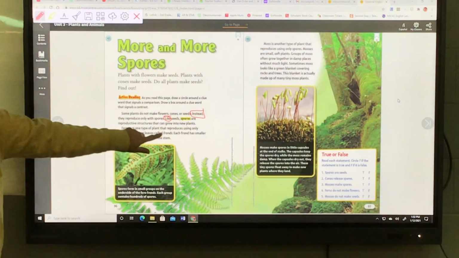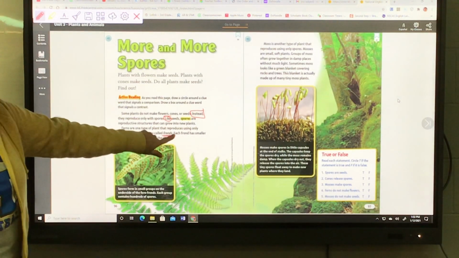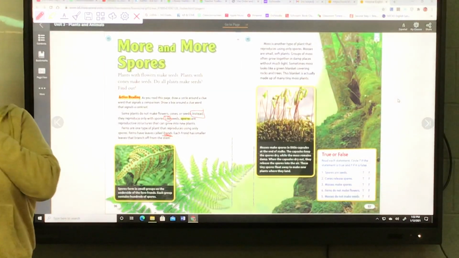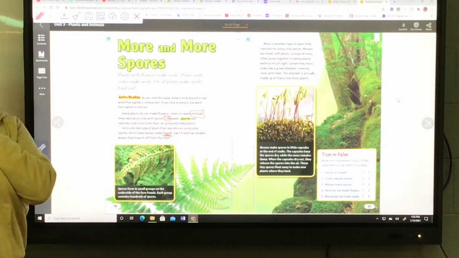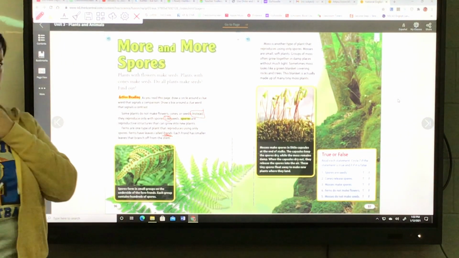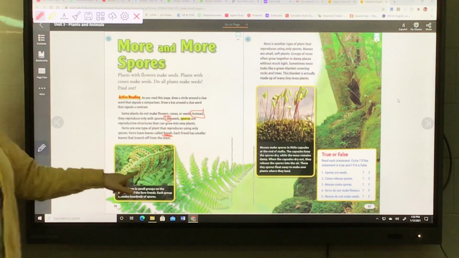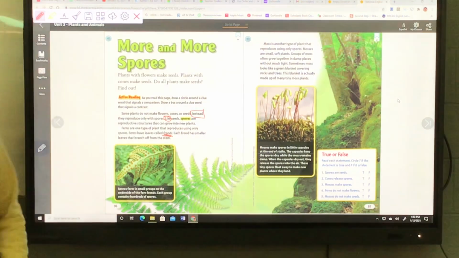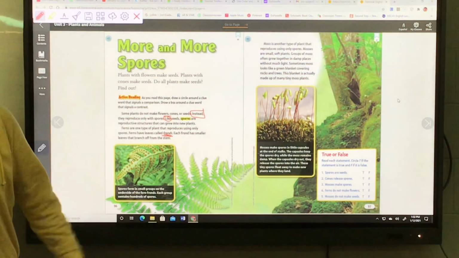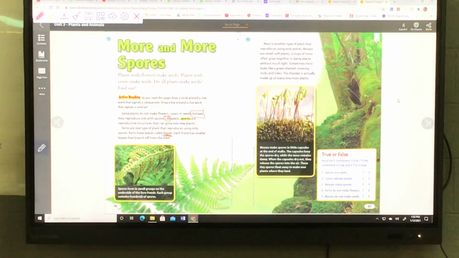We are right here at this word, fronds. What's that word? Fronds. Each frond has smaller leaves that branch off from the stem.